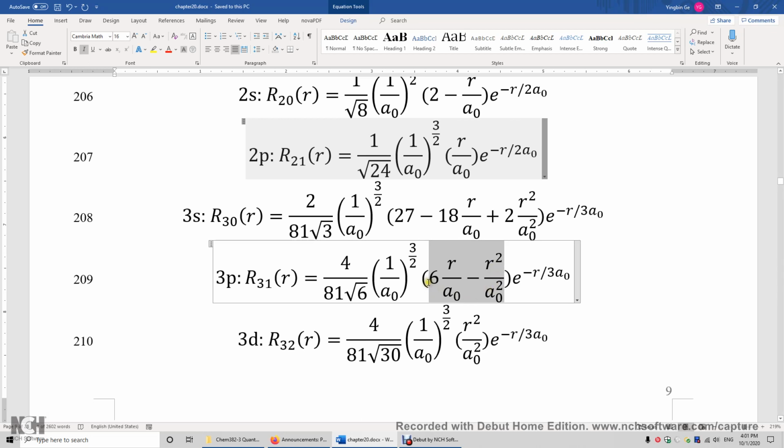From this equation for 3d, you can see there's 0 spherical nodal surface. However, when you multiply this with the angular function of the 3d orbital, you'll see there are two planar nodal surfaces in each of the 5 3d orbitals.